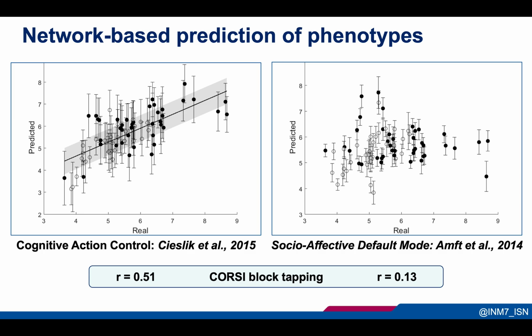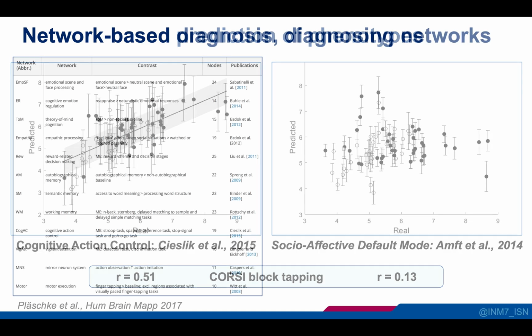And that's a very important message, because it shows that task-related networks that we defined a priori through neuroimaging meta-analysis, that they do allow different and differentially useful views on the same resting state data set.